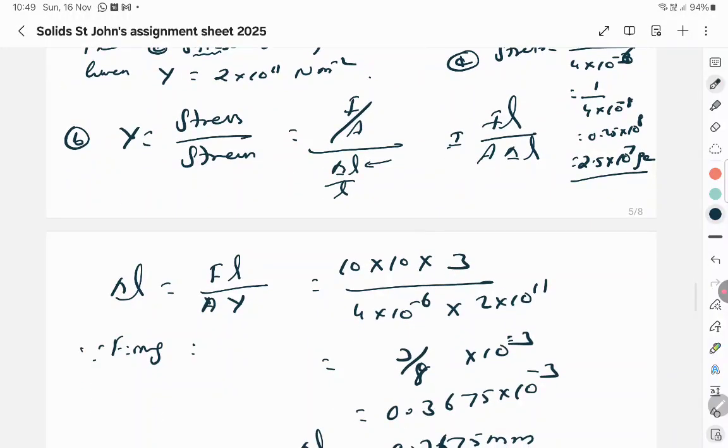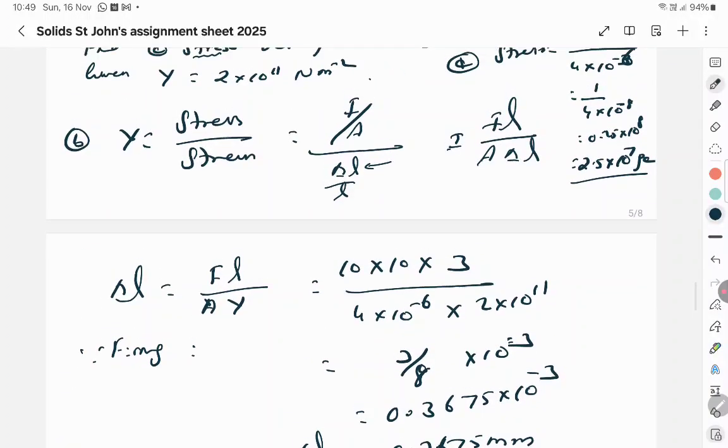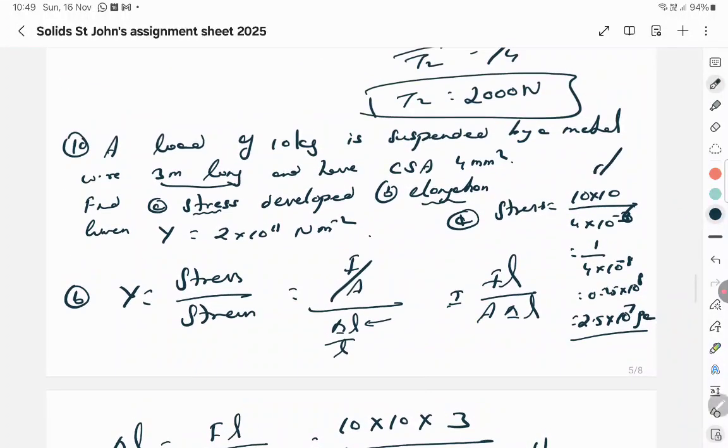The rest of the values have been given. Just plug it in, get delta L. And if they ask you for stress, let's look at it. This is force by area. Force is 10 kg load, which is 10 into 10. Area is the cross section area, 4 millimeter square, which is 4 into 10 to the power minus 6. So thus you can calculate the stress also, correct.